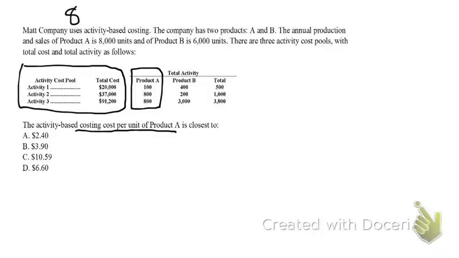I take that 20 grand and divide it by the total, 500, which is 40. I take the 37,000 divided by 1,000, which is 37. And I take the 91,200 divided by 3,800, since I have to divide by the total to get a per unit, and I get 24.